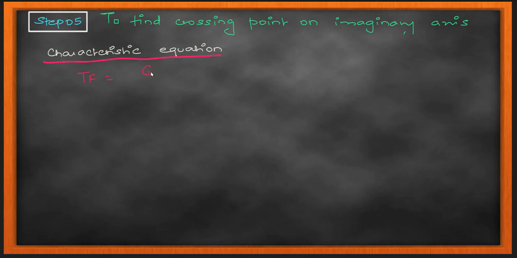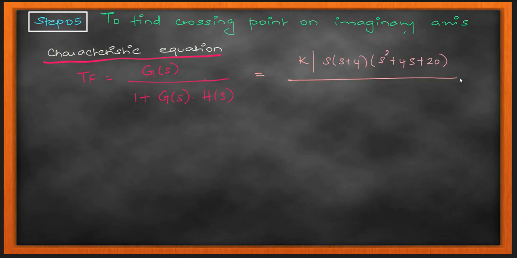Let me take the transfer function. What is the transfer function formula? For this system, it's going to be g of s divided by 1 plus g of s into h of s. My g of s is given in the question: k divided by s into s plus 4 into s square plus 4s plus 20, and my h of s is 1.